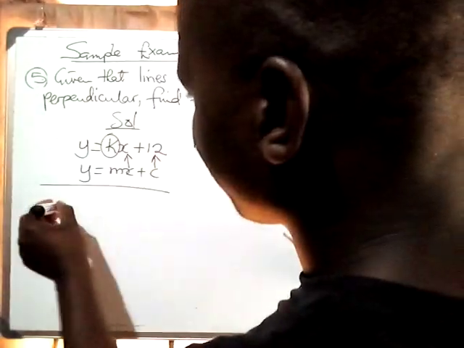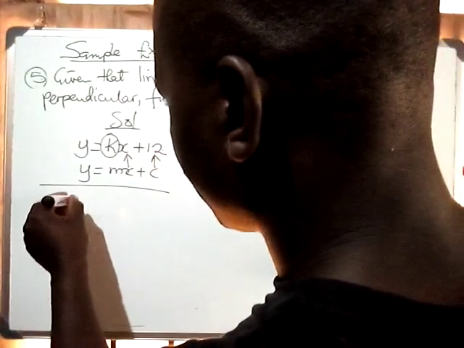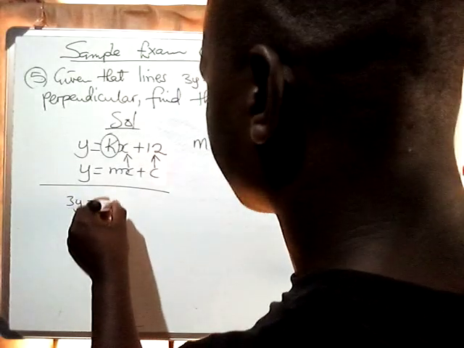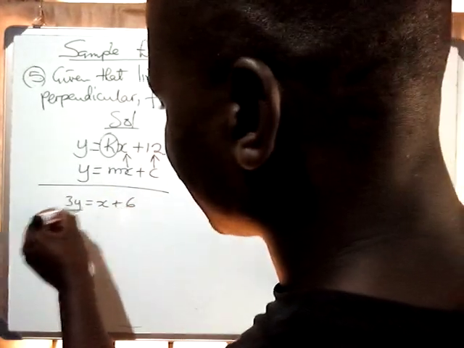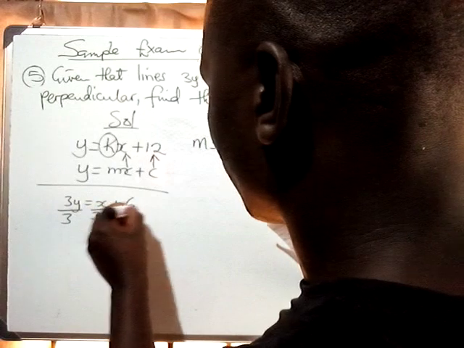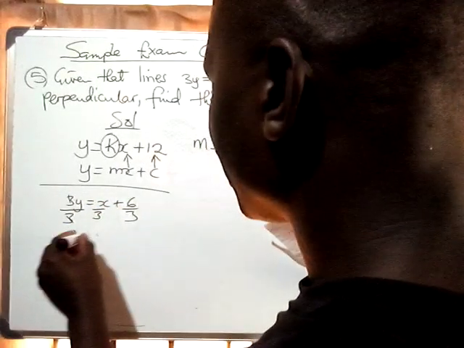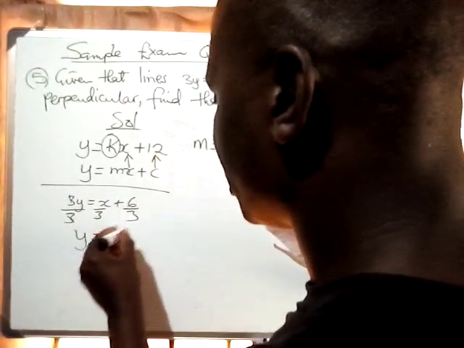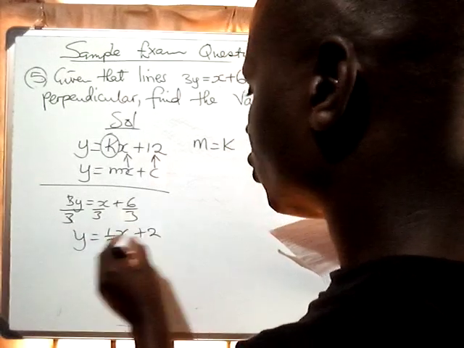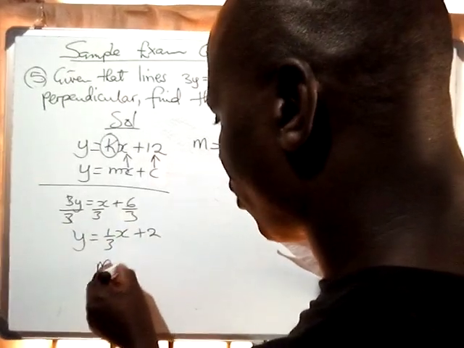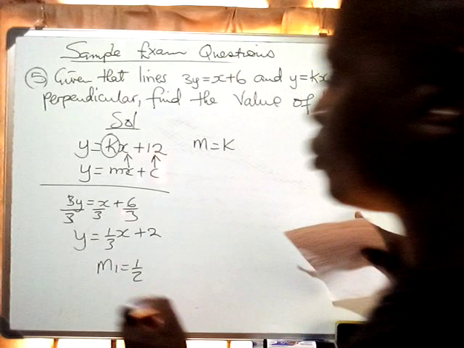So the gradient of that: 3y is equal to x plus 6. What is the gradient? Divided by 3 throughout. So y is equal to 1 over 3 x plus 2. So in this case, the gradient 1 is 1 over 3.